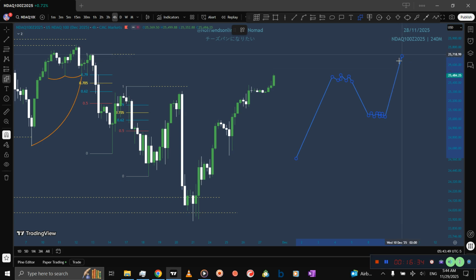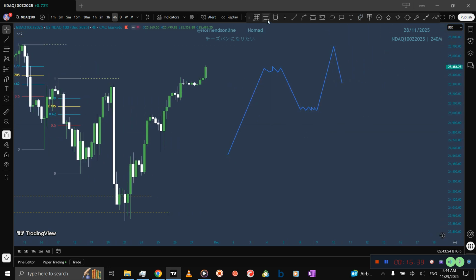Then we have another retrace. So where is that? We are going to scale with faith on equilibrium. Maybe price goes down to this 62%, but our eyes are focused on just equilibrium, and then we go up, and then we have another scale.